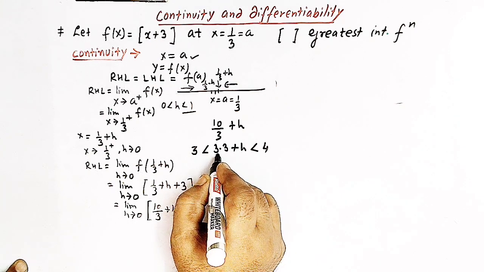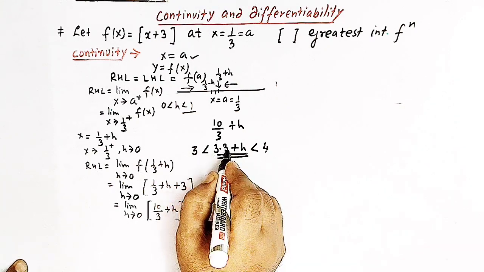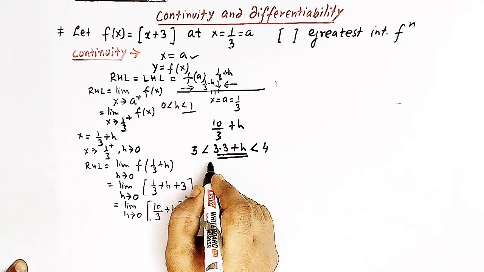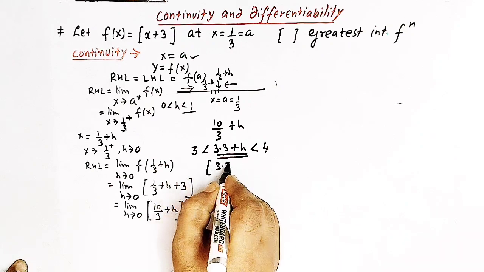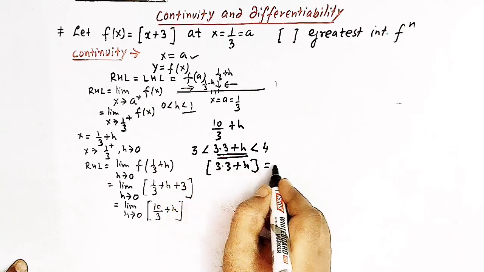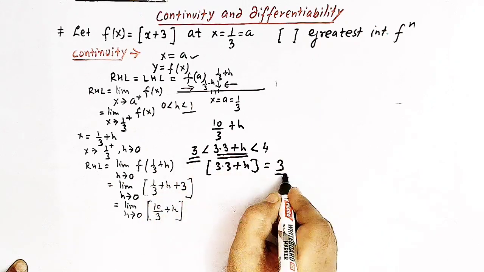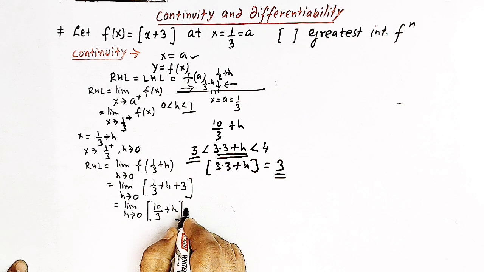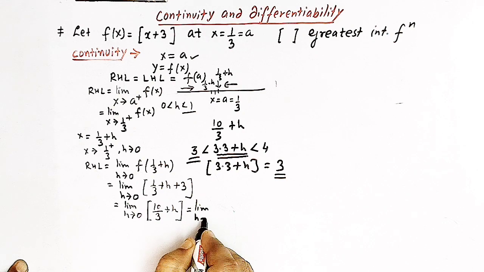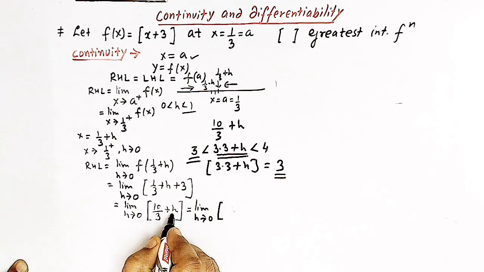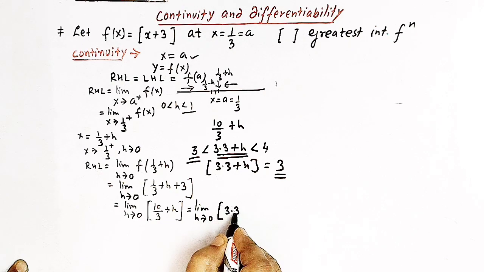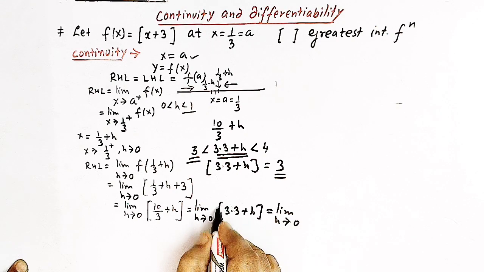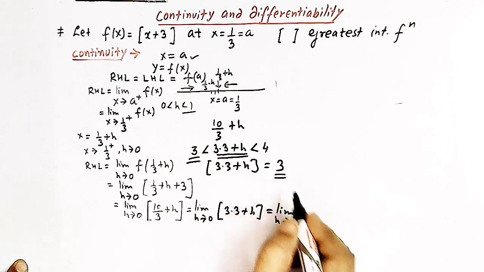So in other words, we can say that this number, 3.3 plus h, is lying between 3 and 4. So the greatest integer of 3.3 plus h is equal to 3 by the definition of the greatest integer function, right? So we have limit h tends to 0, and here 10 over 3 plus h is 3.3 plus h, and the greatest integer of 3.3 plus h is equal to 3.